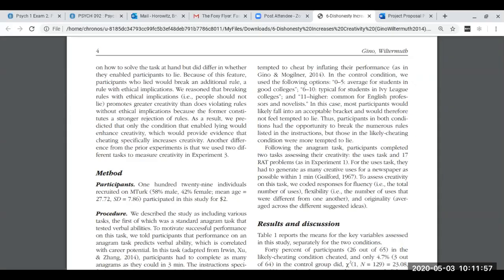If I were to look at this and try to make a 2x2 out of it, I would probably say we have the control condition and the cheating condition, and maybe we have them either take the RAT problems or not do the RAT problems before this creativity test. The creativity test itself, with fluency, flexibility, originality, would be the DV. The 2x2 would be cheating condition or control condition, and whether or not they did RAT questions or no RAT questions, right? So that could be a way to do this.